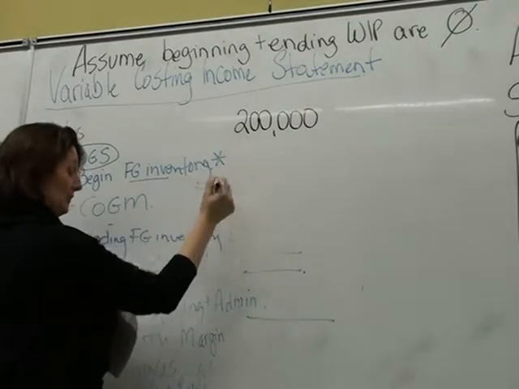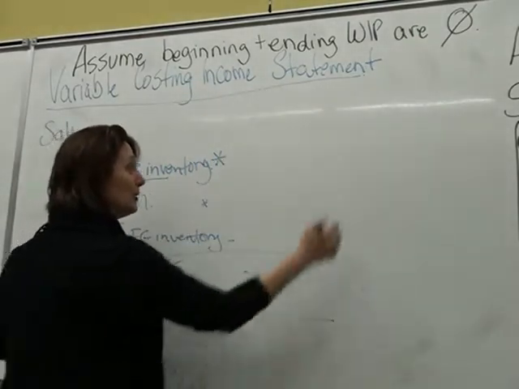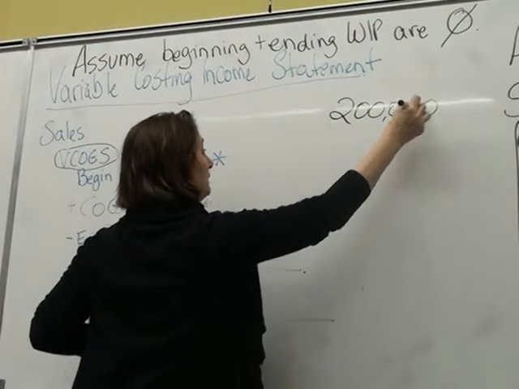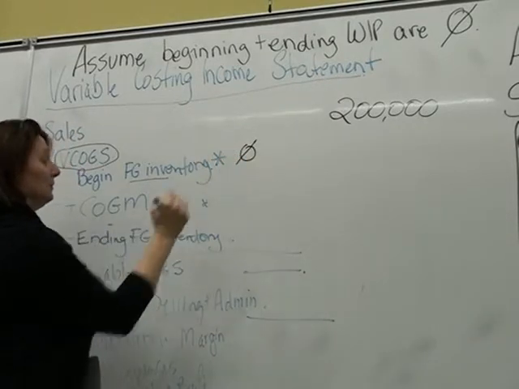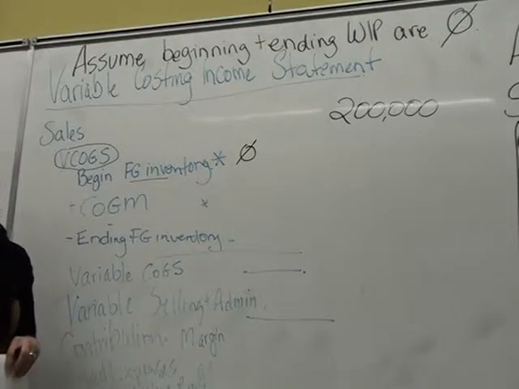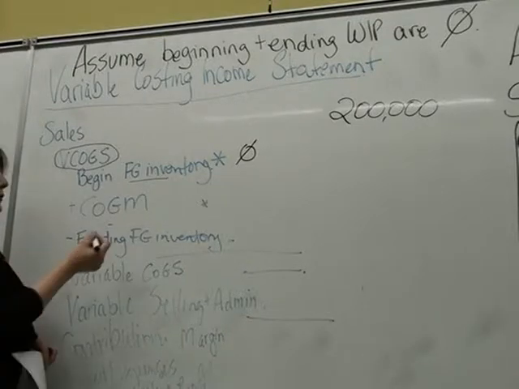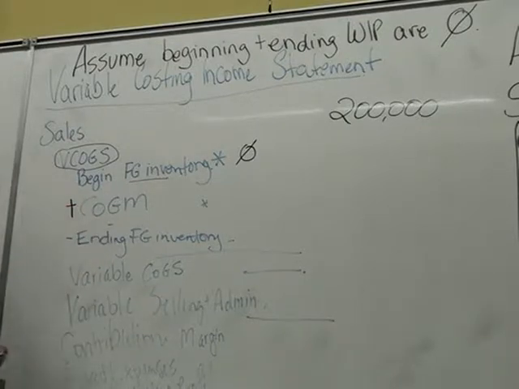And usually you do this off to the side, so actually I'll move the 200,000 over. So we'll do a bunch of side calculations. So $200,000 in sales. We've got our beginning finished goods inventory, so that's 0. Plus our cost of goods manufactured. Now, the quickest way of doing this when you're doing a variable income statement: what goes into the cost of goods manufactured when you're doing the variable costing?